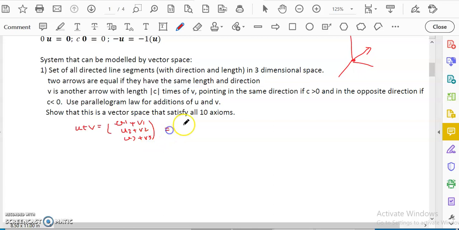Because u and v are real numbers, obviously that would equal v plus u, and it is also associative. So axioms 1, 2, 3 are satisfied. You just need to write it down, and because these are real numbers, all real numbers will satisfy those rules.